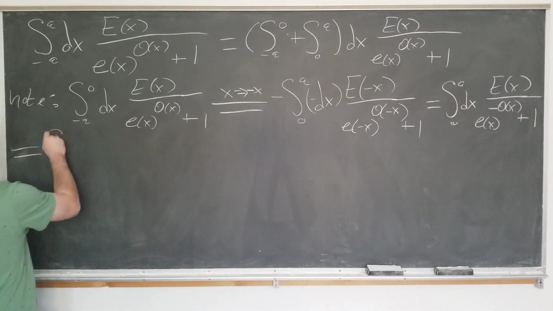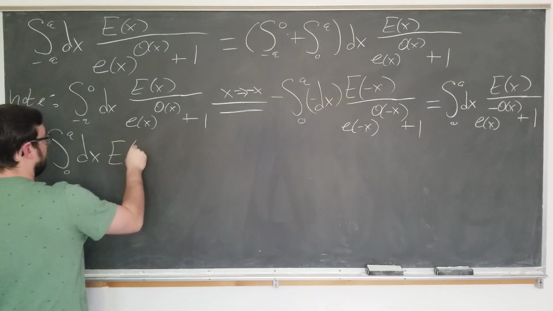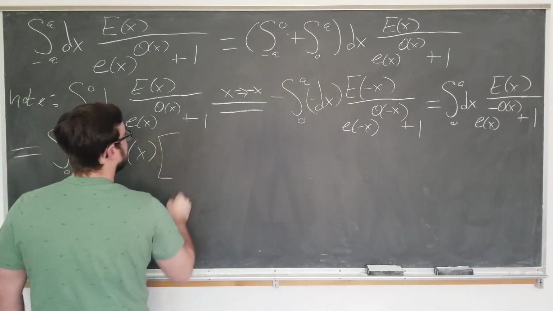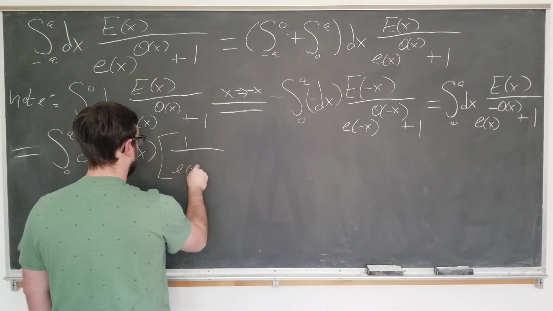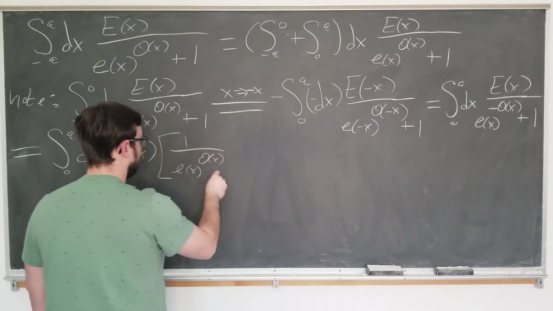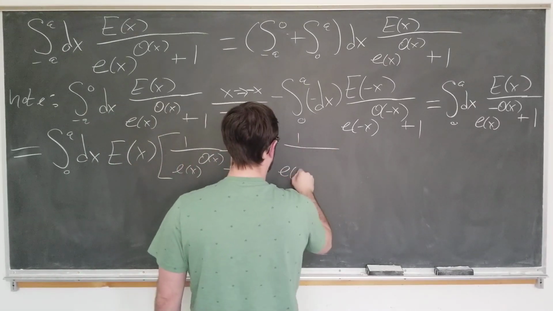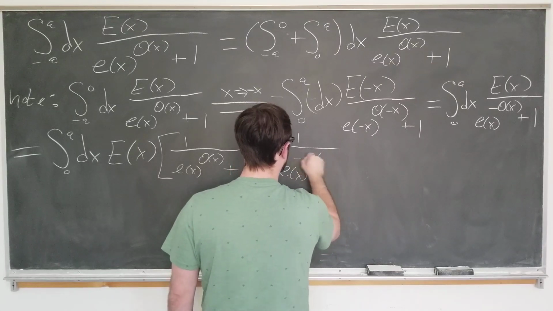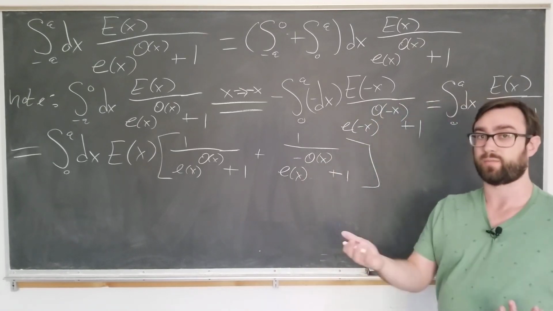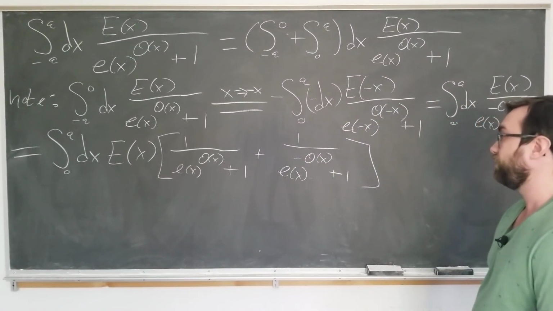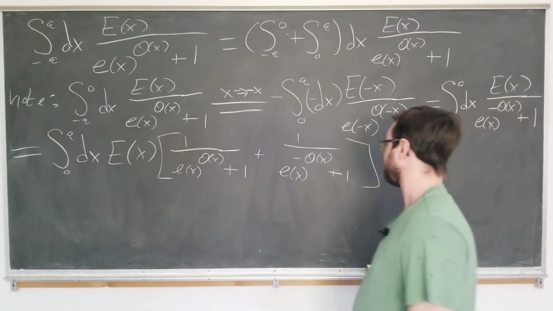So it's just equal to the integral from 0 to a with respect to x of our even function, big E, times 1 over e to the O of x plus 1, plus 1 over e to the minus O of x plus 1. Can't forget the plus sign, that's the whole point here. And we are going to evaluate this and see if it simplifies nicely.